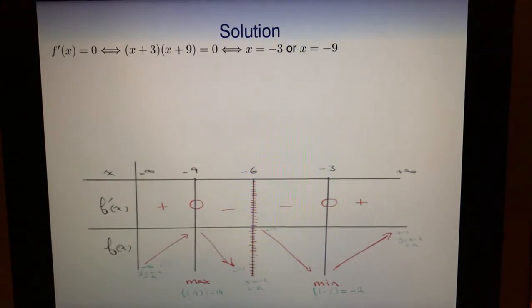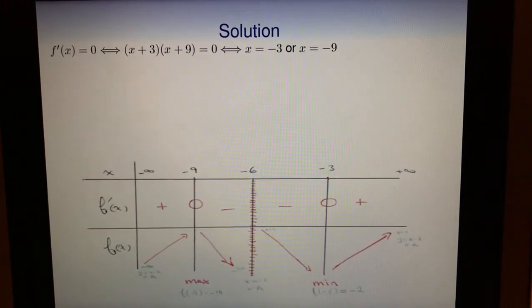Similarly here, when f of x is increasing and then decreasing, a maximum is formed. So here we have a maximum. Here f of x is decreasing and then increasing, so you will have a minimum. The maximum here is f of -9, and the minimum is f of -3.